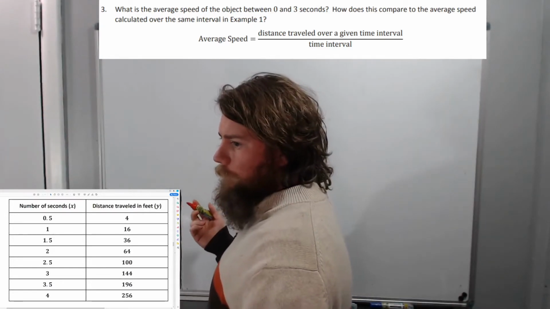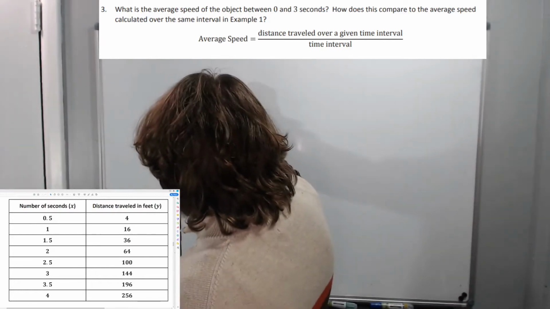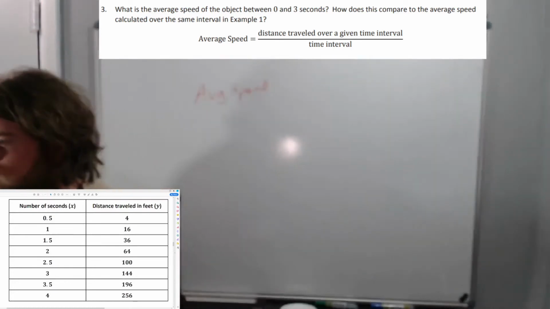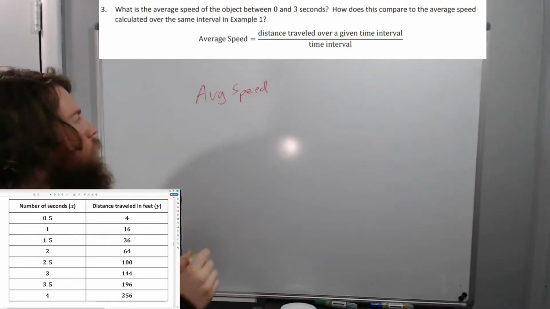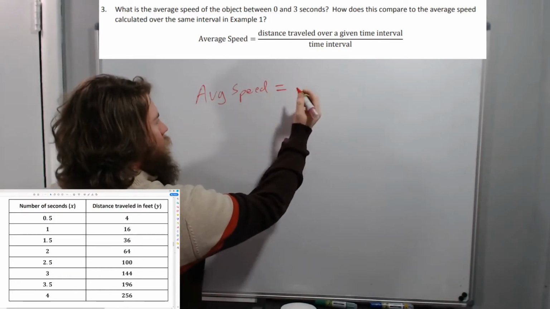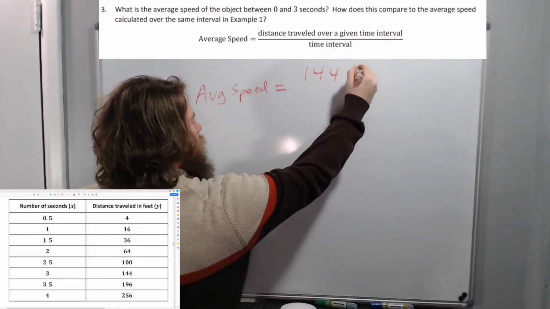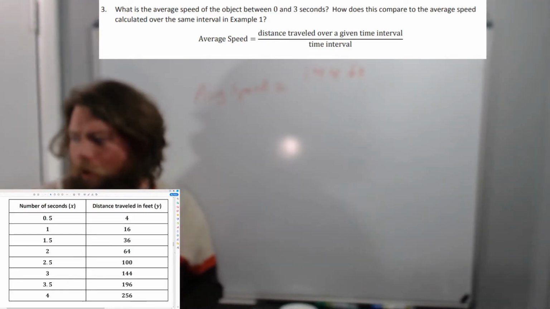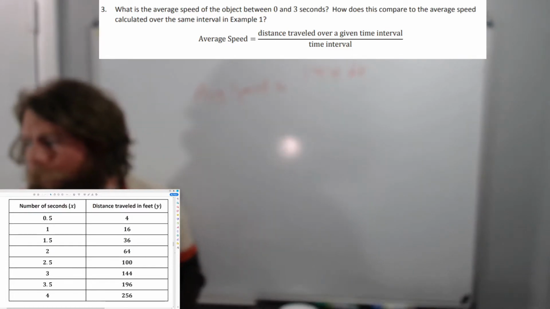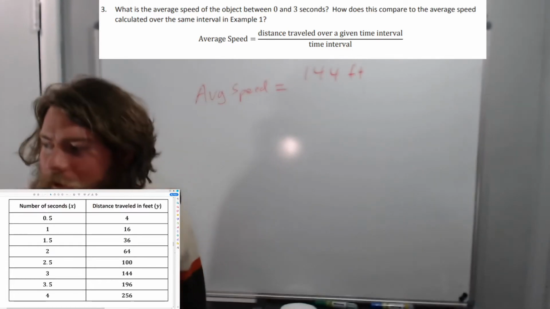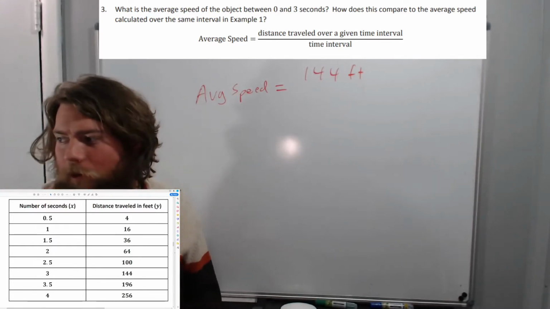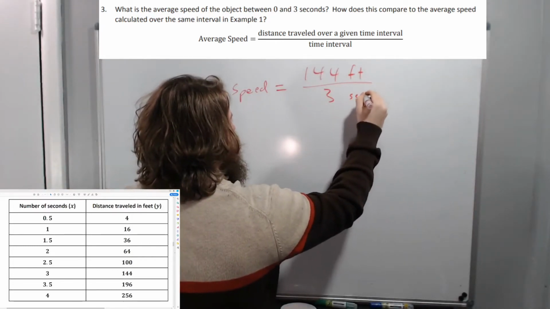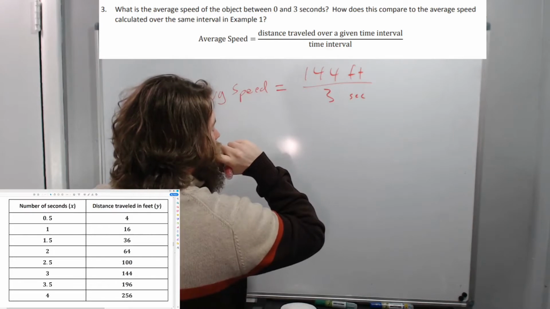So our average speed is equal to the distance traveled over that given time interval, which we said was 144 feet, and the time interval, from 0 to 3 seconds, was 3 seconds, okay?